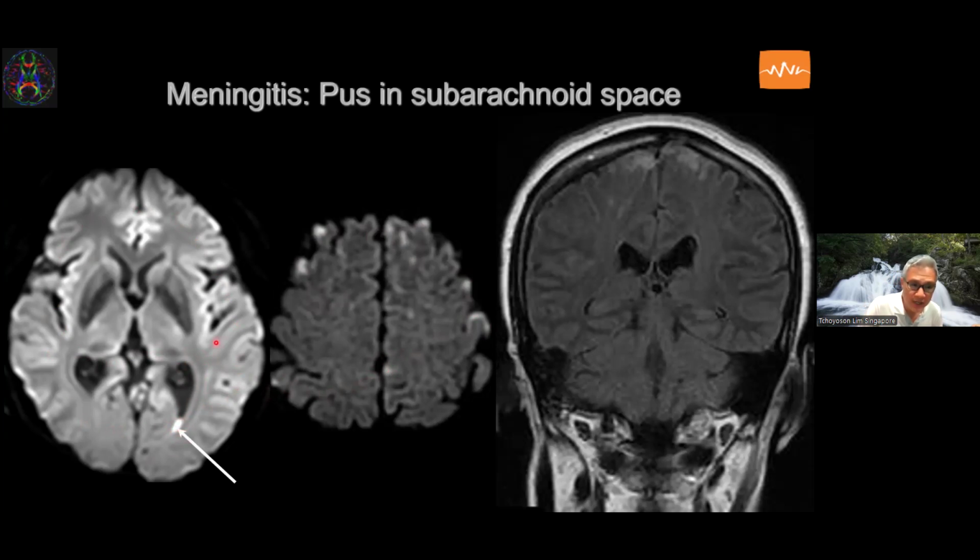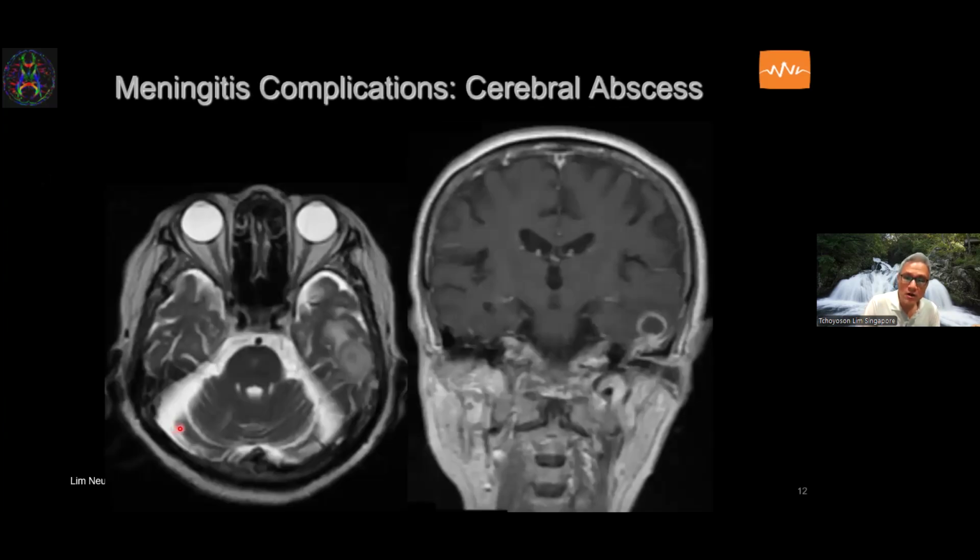This patient had meningeal features, but it was mistakenly reported as normal. It was only on review that we saw, and if we don't look for it, we won't be able to see it. So DWI is very helpful for tiny areas of pus collection.